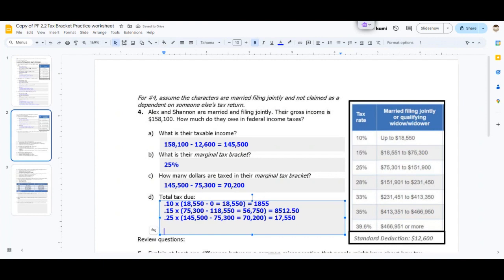Now we'll add these together, 1855 plus 8,512.50 plus 17,550, and that equals 27,917.50. Rounded to the nearest dollar would be 27,918.